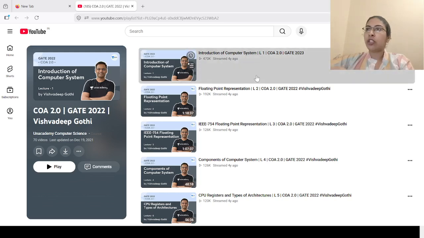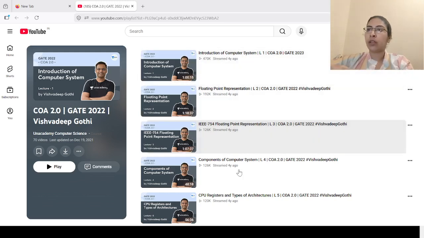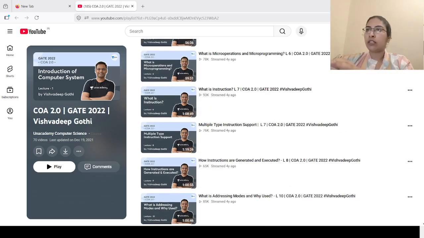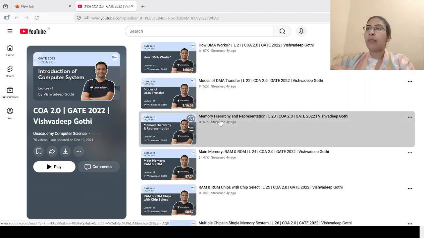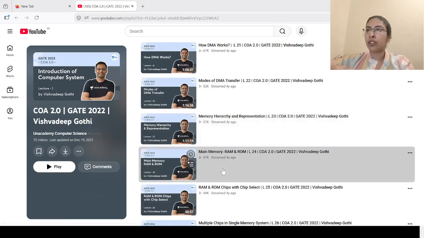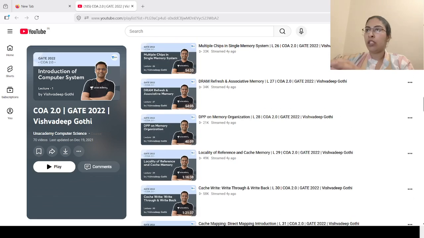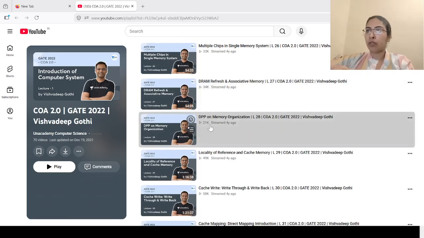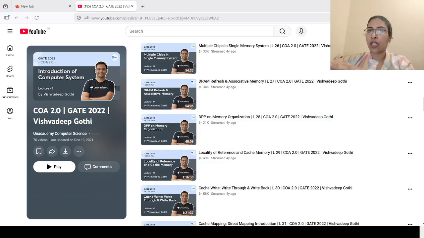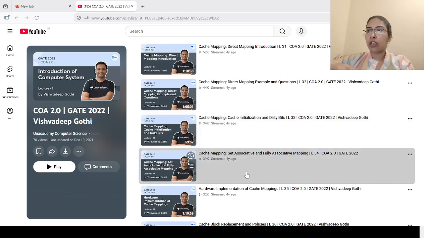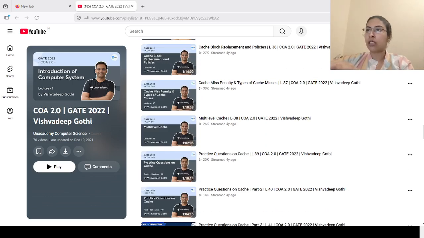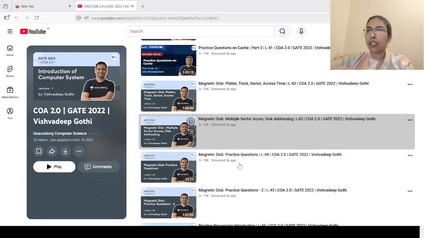Introduction, floating point numbers, components, CPU registers, RISC and CISC, I/O organization, DMA, memory hierarchy and representation, main memory, DRAM refresh, memory organization, cache write, cache memory, hardware implementation, practice questions on cache, magnetic disk.